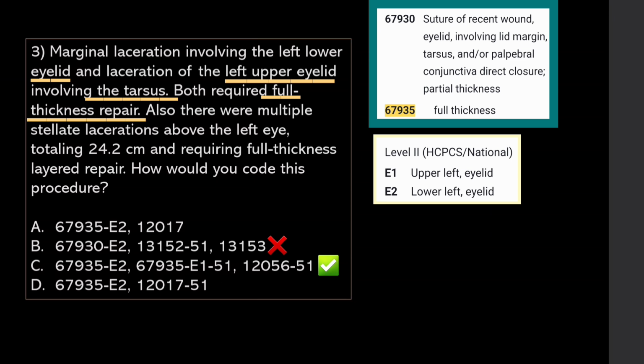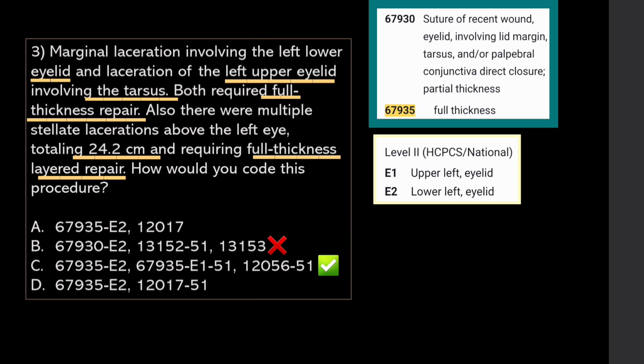In the question, they have also mentioned there were multiple stellate lacerations above the left eye, totaling 24.2 cm and requiring full thickness layer repair. Therefore, it refers to intermediate repair because they have mentioned layered repair.